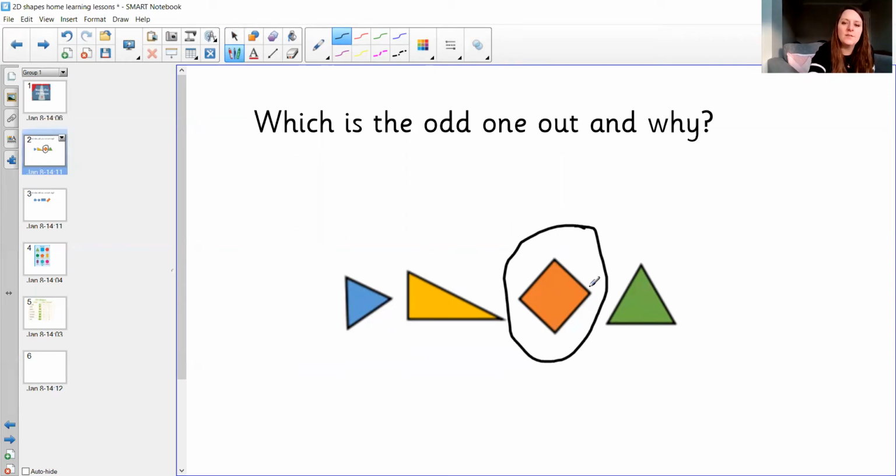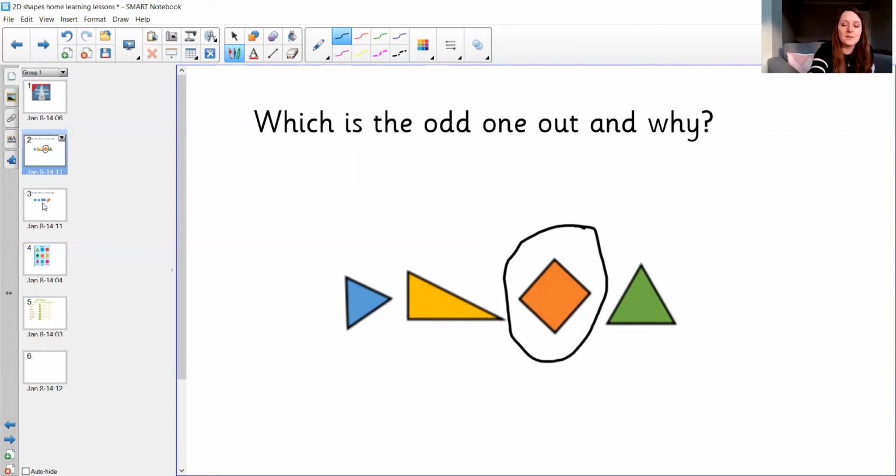It has 4 sides and 4 corners. And all of those sides are the same length. What shape has 4 corners, 4 vertices, and 4 sides that are all equal length? I hope you're saying it's a square. So this is the odd one out.